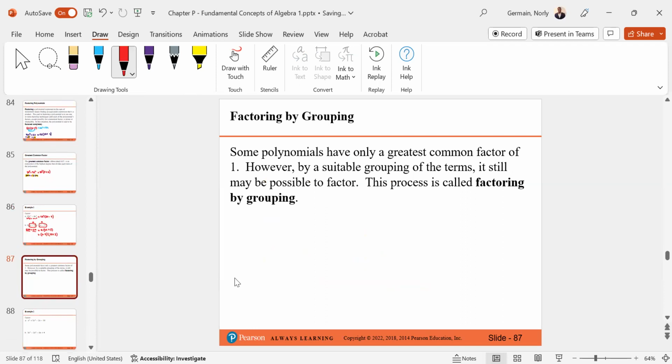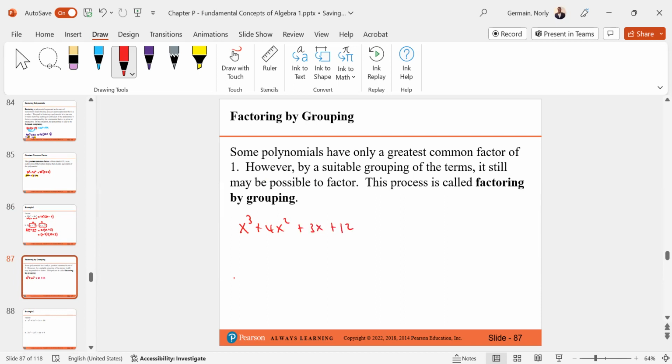Because grouping is a beautiful technique when you do factoring by grouping, because some polynomials have only one greatest common factor of 1. However, by a suitable grouping of the terms, it still may be possible to factor. So this process is called factoring by grouping. So for example, let's suppose you have x cubed plus 4x squared plus 3x plus 12.